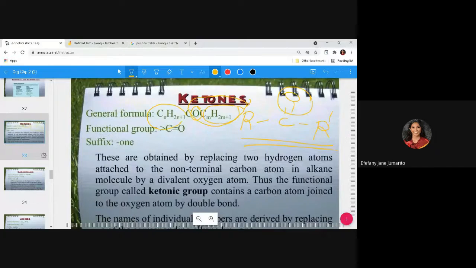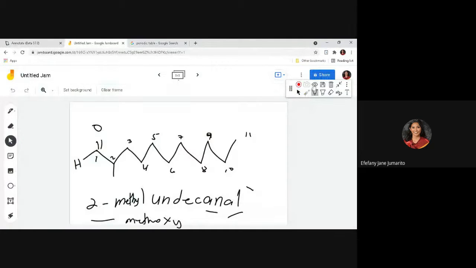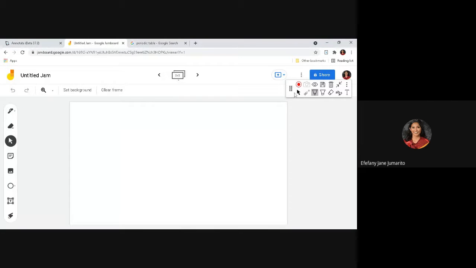All right, now example, if I have, okay, for our ketones, okay, if I have this one, okay.